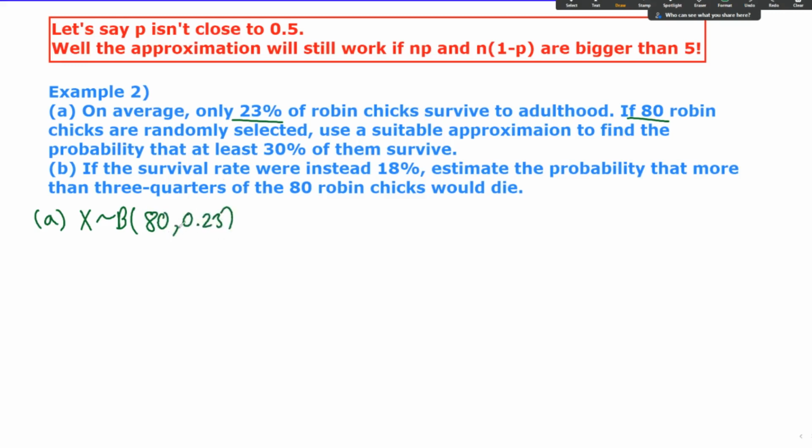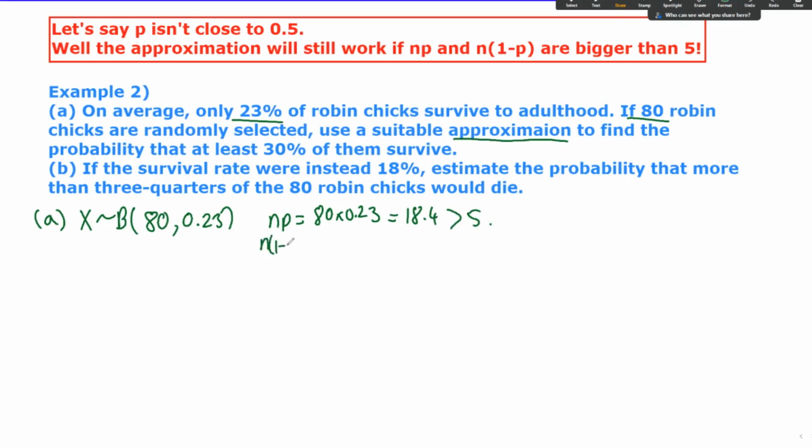You can see that p isn't very close to 0.5 here, but because it says approximation, we know that's what they want us to do. So let's find out what np is. np is 80 times 0.23, and that is 18.4, which is greater than 5, so that checks out.